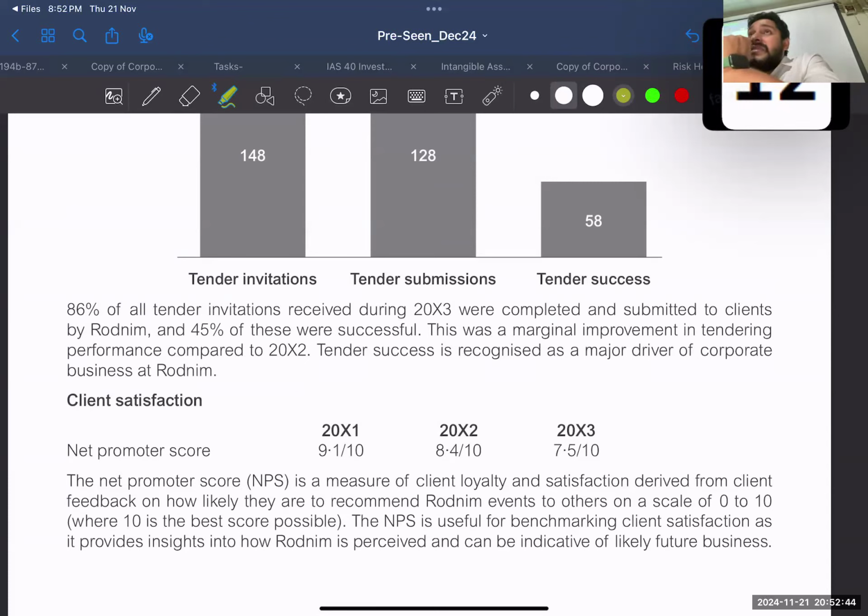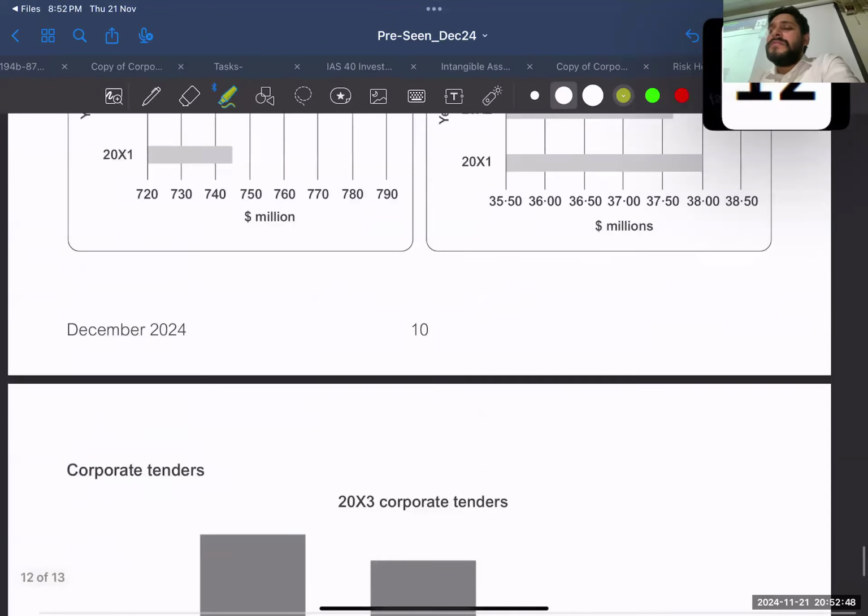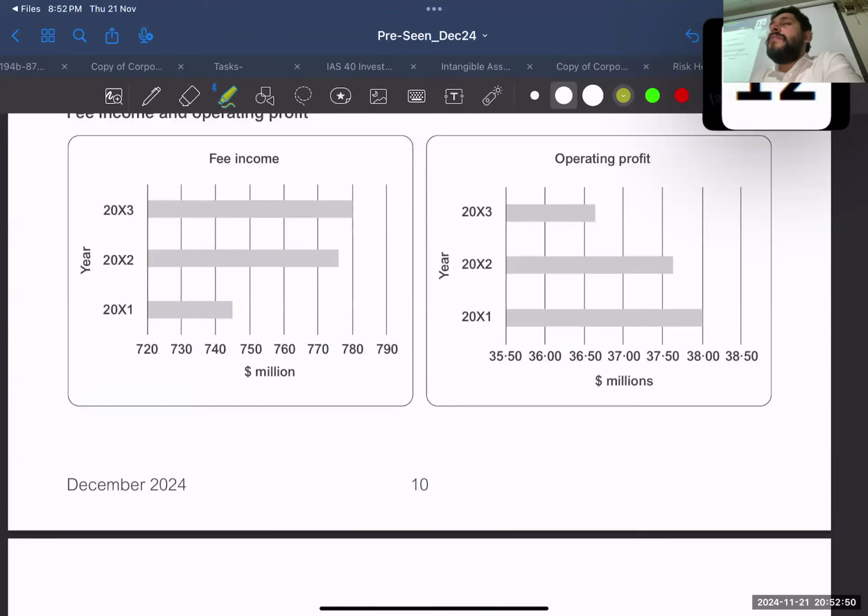See, the tender success rate is increasing, but the operating margin is decreasing, because if you look at the operating profit, it is around 37.7 maybe million in 20x2. But if you look at the operating profit in 20x3, it's around 36.5.